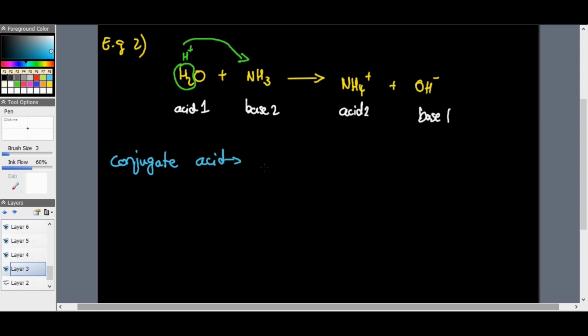What the term means is the substance formed when the base gains a proton, and it's called the conjugate acid of the base. Again, just showing you how that works.